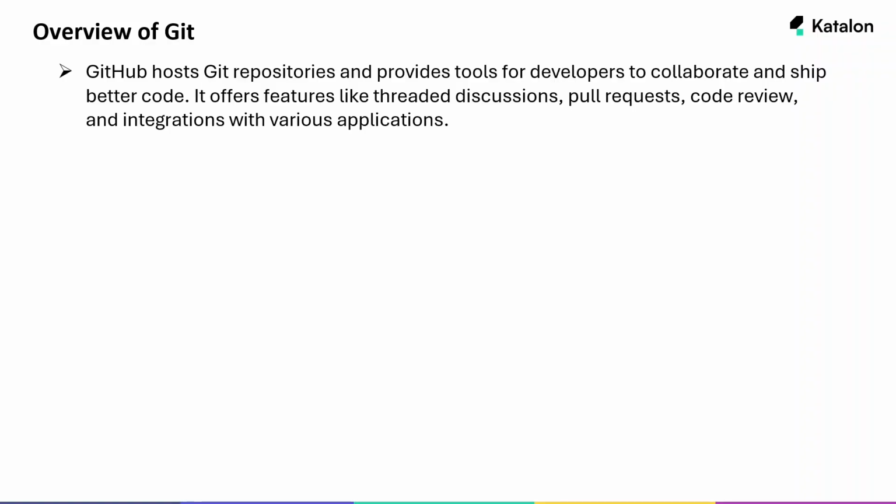It offers features like threaded discussions, pull requests, code review, and integrations with various applications. So, by using GitHub, you can integrate with various applications and tools like Katalon Studio, and it gives you different types of features: you can pull the requests, you can push the code, you can review the code.